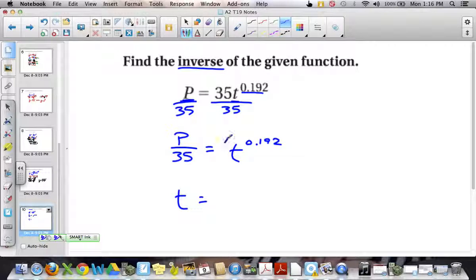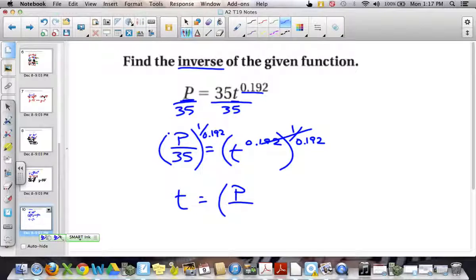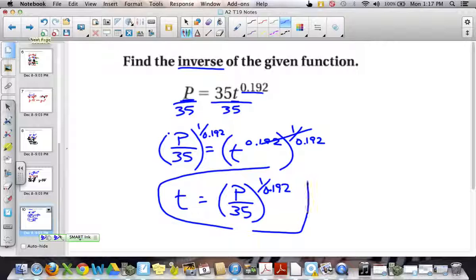And then to get rid of that power, I'm going to take it to the power of 1 over 0.192. And we do the same thing on this side. Take it to the power of 1 over 0.192. And that will cancel these out, and I'm left with t equals p over 35 to the 1 over 0.192 power. And that would be the inverse of that given function.